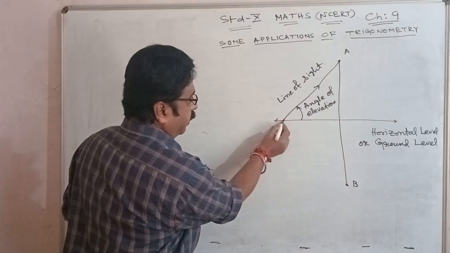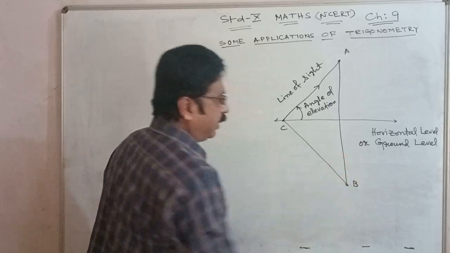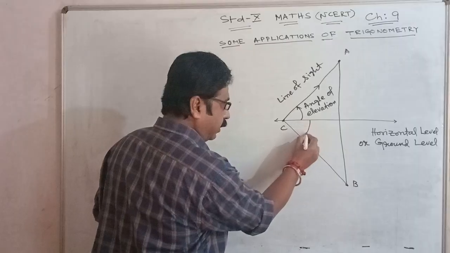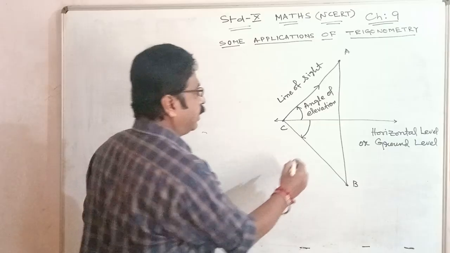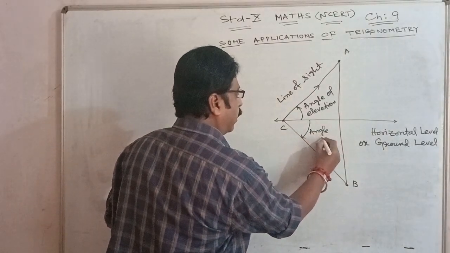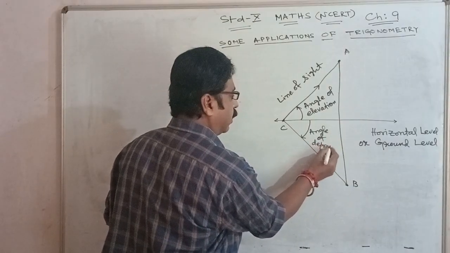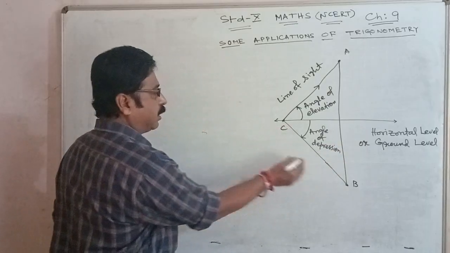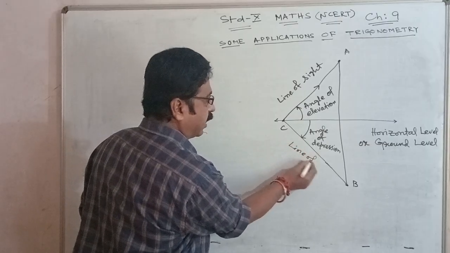Now from the point C, if we want to see point B, then one more angle will be created like this, and this angle is called as angle of depression. And this line is called as line of sight.